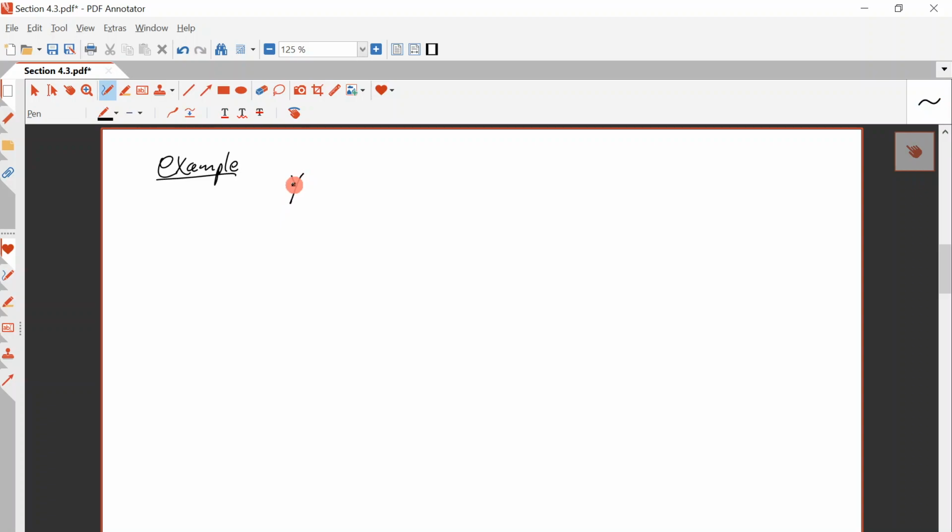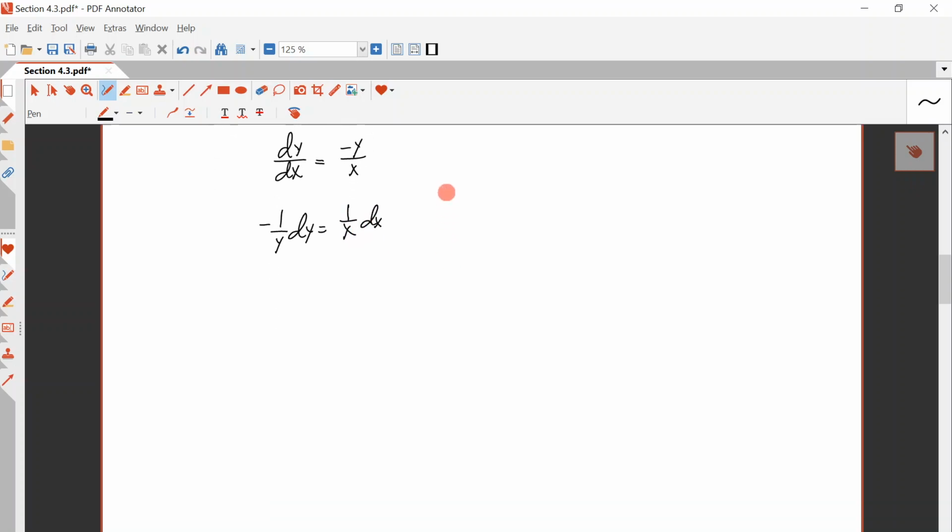So, given this one, y prime equals minus y over x, we write dy/dx equal to minus y over x. So, minus 1 over y dy is equal to 1 over x dx. Taking antiderivatives.